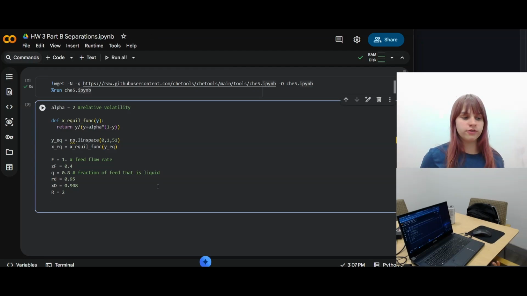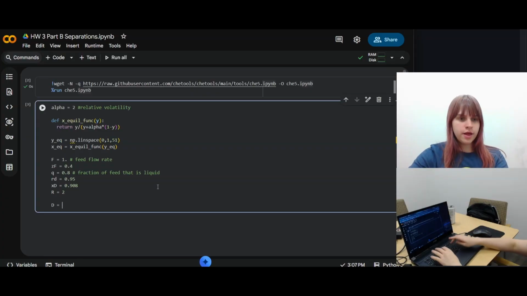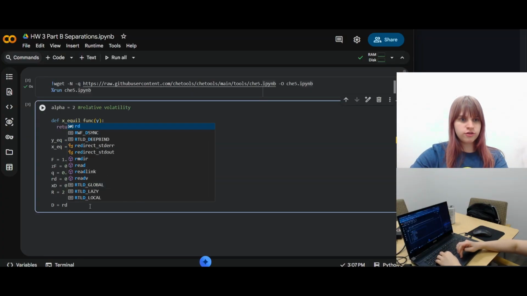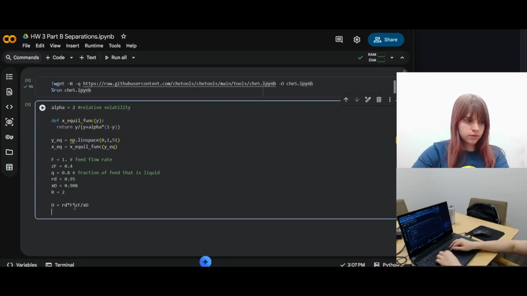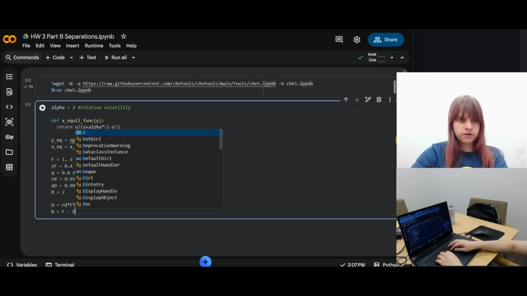We've talked about this already, but we have our mass balances. So our D is equal to our RD times the feed flow rate times our ZF divided by XB. Our bottoms, as we know, is equal to the feed minus the distillate.